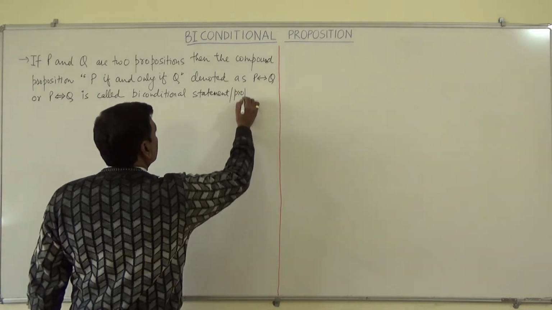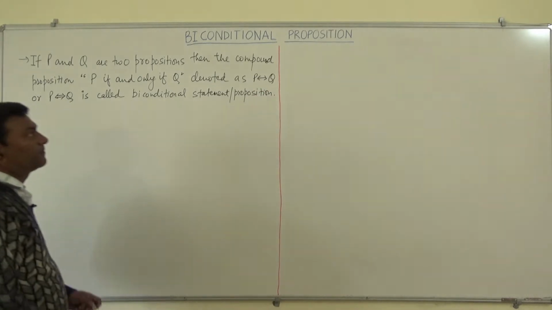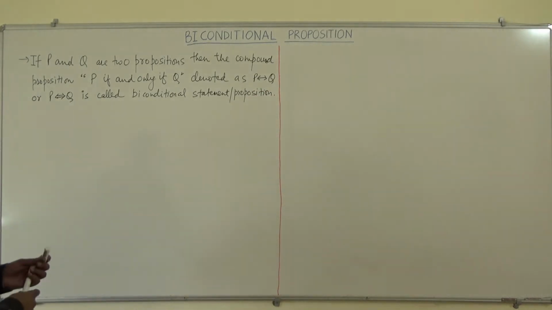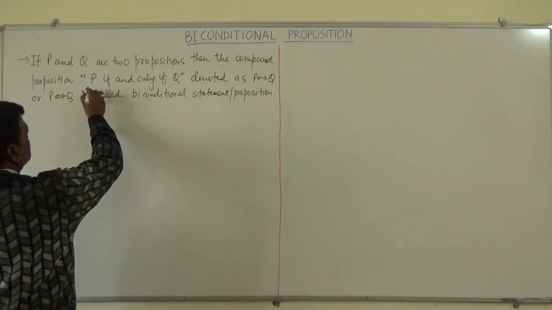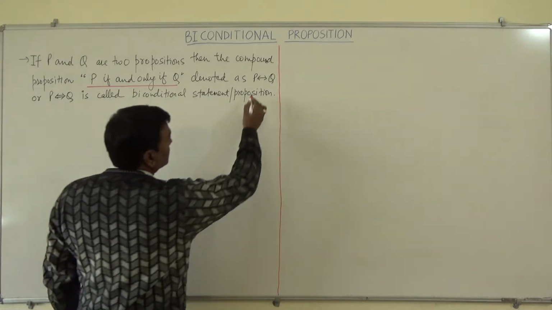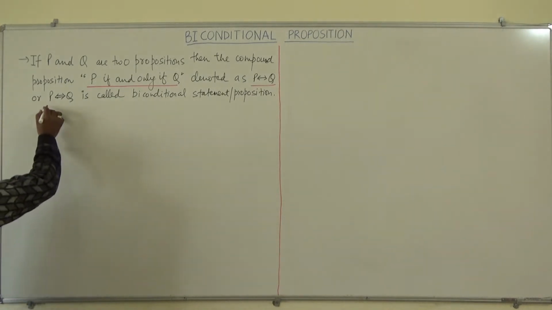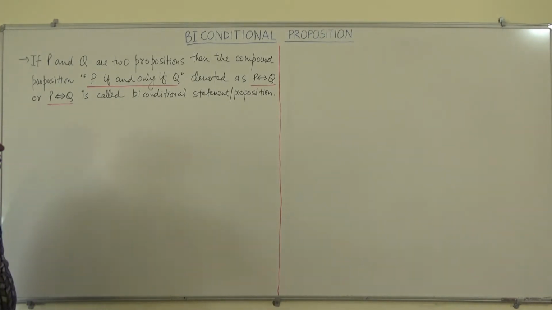So we can say this is a compound proposition. This P if and only if Q can be denoted as P biconditional Q, or we can also use this symbol for its notation.